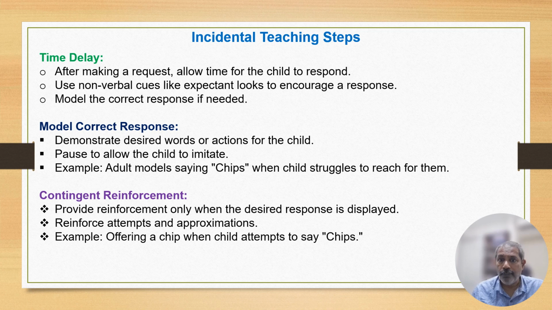Okay, the desired response. But what is very important is do not go to the nitty-gritty of it. For example, if you tell your child to say chips, but he says clips, or something that is quite similar to what it is, reward him.